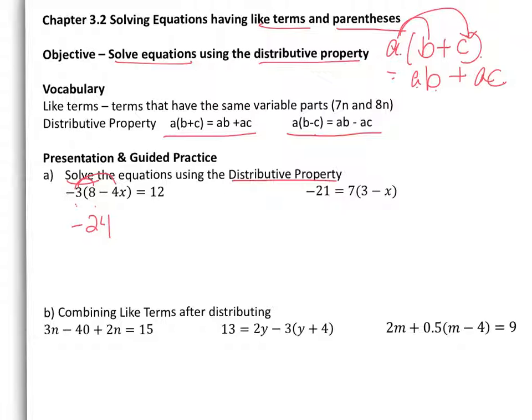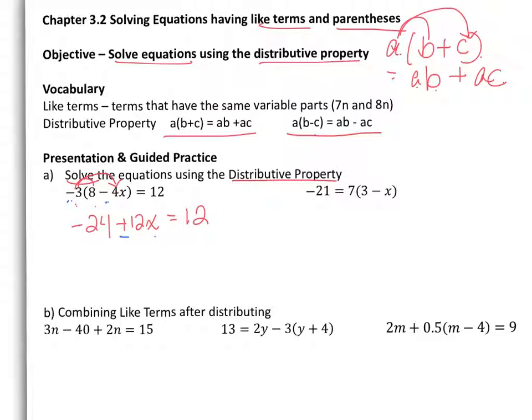Negative 3 times negative 4x is positive 12x. And we copy the equal sign and the 12. Please pay attention to the signs. Negative, negative makes positive. Okay, now we can solve for x.